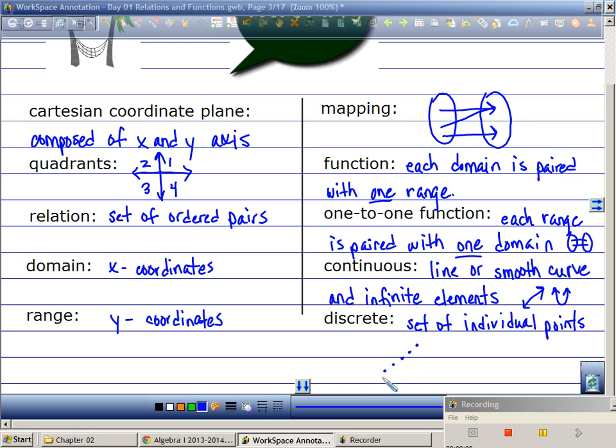But when I just have points like this and they're not connected by a line, that could be a best fit line, but it's not a line because it doesn't include all the space in between. So this is a discrete set right here. Okay, discrete, individual. Continuous is a straight line or a curved line with infinite elements.